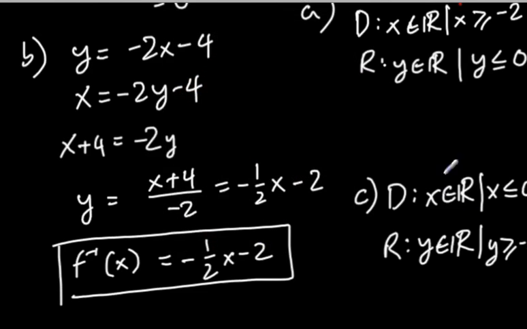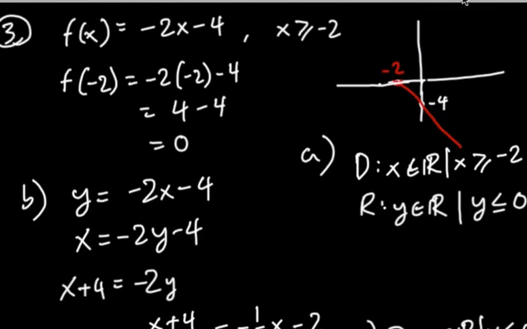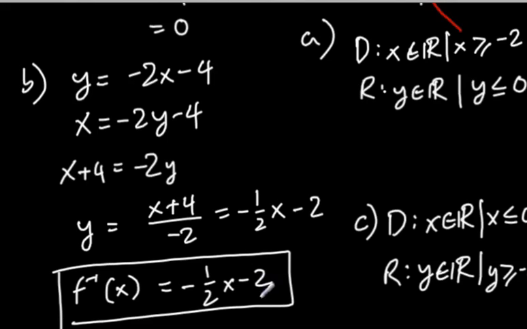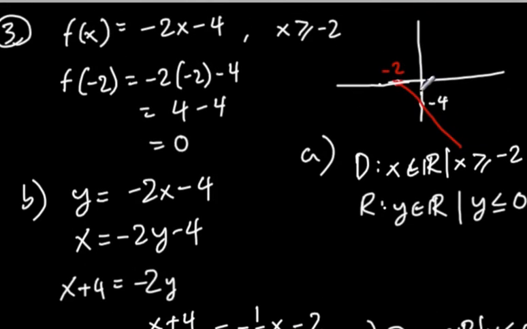So now that we have our domain and range, let's see how this looks. We have our inverse function here, which is negative half x minus 2. Let's graph that. Negative half is going to be a shallower slope than the negative 2 over here. I'm going to use green, and it's going to be negative half x minus 2. This is the y-intercept. For the other equation it was negative 4, so this is negative 2 right here, and it's going to be a shallower slope.